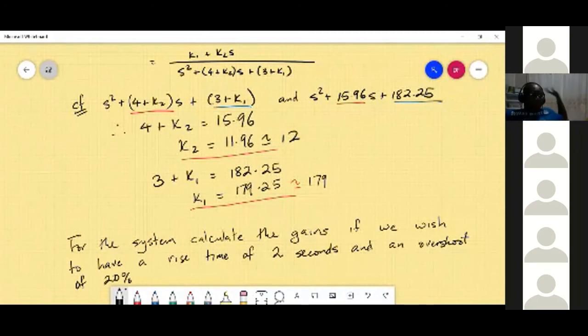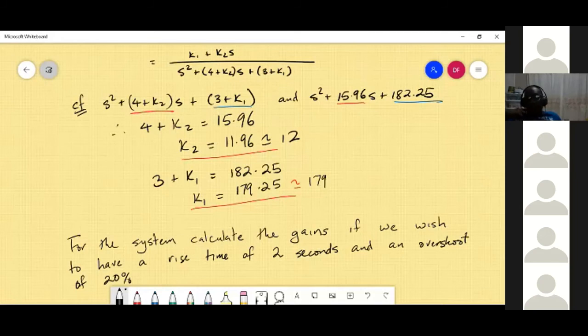All right, so we're going to use the same system, but I just wanted to illustrate an important point in the calculation concerning rise time.